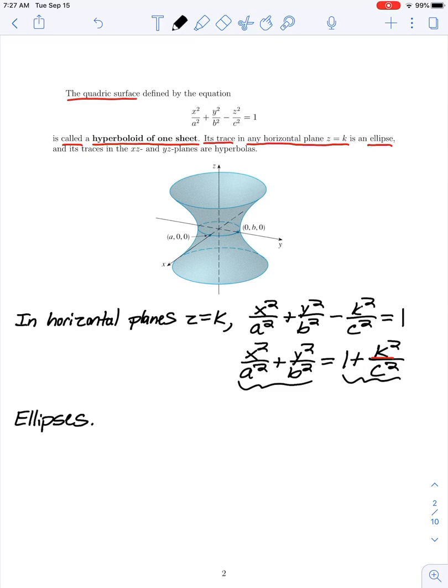And if I look at the particular trace in the xy plane itself, which would be the plane z equals 0, so if I take k equals 0, we would have an ellipse with its x-intercepts being plus or minus a, 0, and its y-intercepts being 0, plus or minus b.